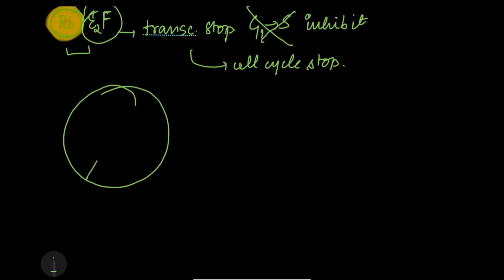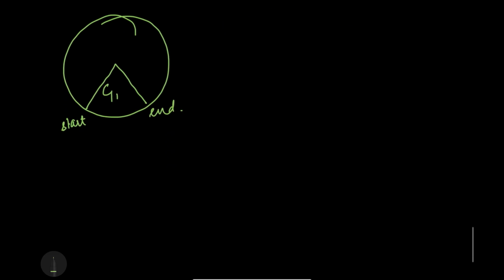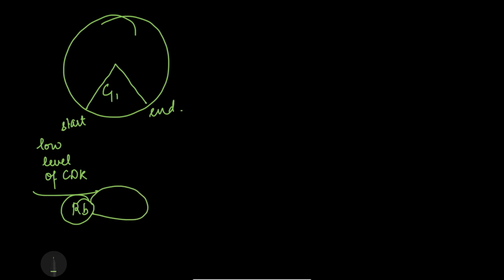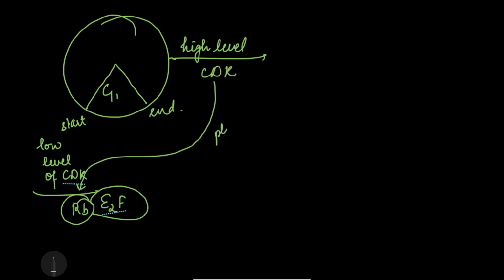See, this is the G1 phase, for example, this is the start, this is the end. At the start we see a low level of CDK, right? So the RB might get bound to E2F, right? At the end of the G1 phase, a high level of CDK leads to the phosphorylation of RB protein, right?